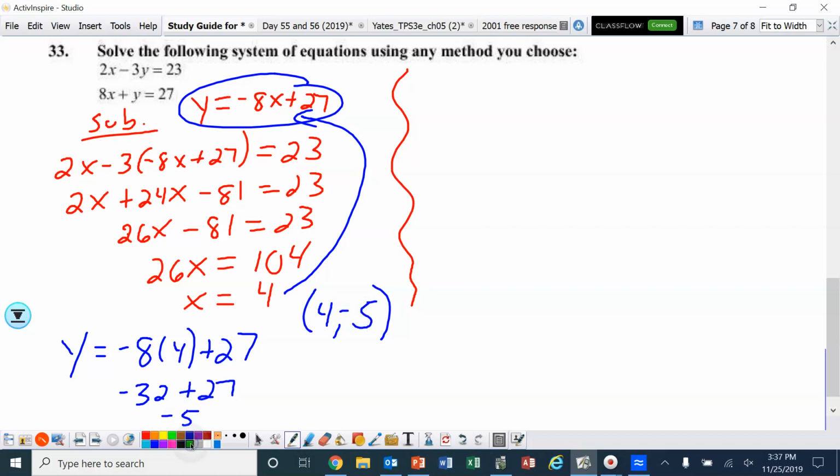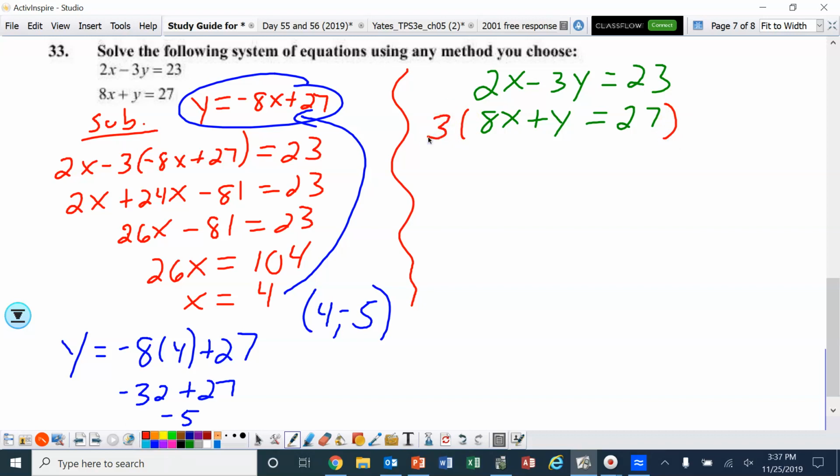All right, if you prefer to use elimination, I'm going to eliminate. Now, again, there's more than one way you can do this. I'm going to get rid of the y. So to get rid of the y, I need this to turn into a 3y.